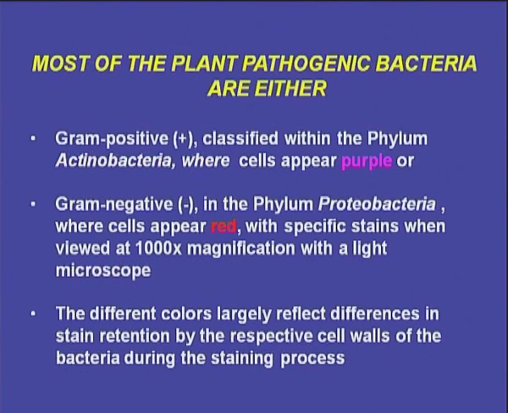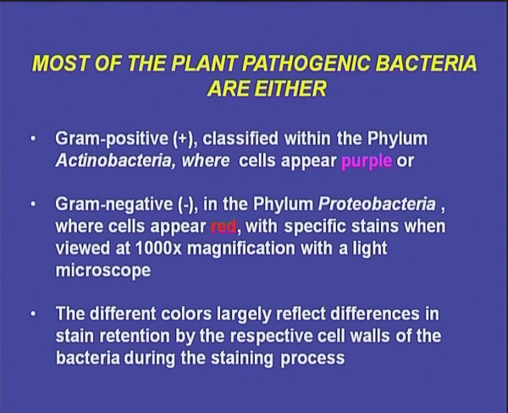Most of the plant pathogenic bacteria are either gram positive, which are classified within the phylum Actinobacteria, where cells appear purple in color, or gram negative in the phylum Proteobacteria, where cells appear red in color with specific stains when viewed at 1000x magnification with a light microscope.